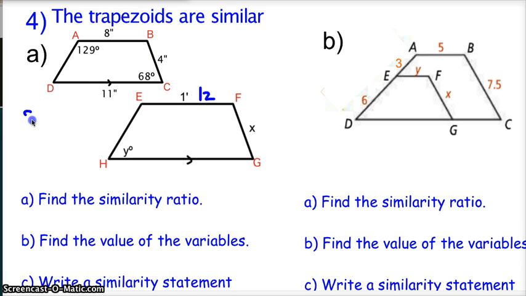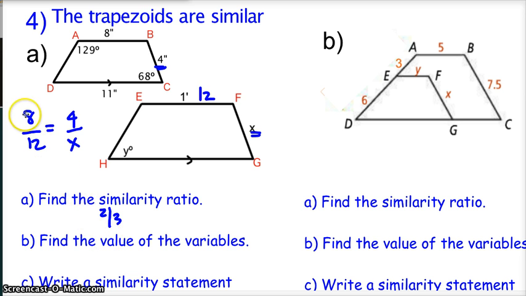Thinking about 8 inches compared to 12 inches, I could also compare the 4 to the x, and here is a proportion that I can cross multiply. Before I do so though, if I set up the fraction as 8 over 12 and I'm told that the figures are similar, 8 over 12 is a similarity ratio, so reduced, it's 2/3.